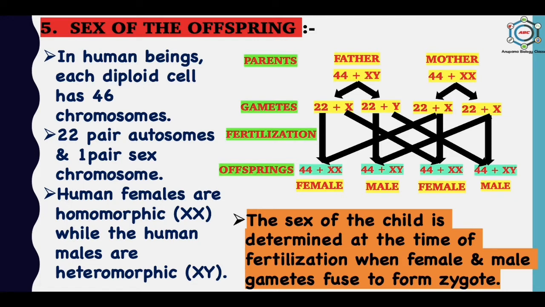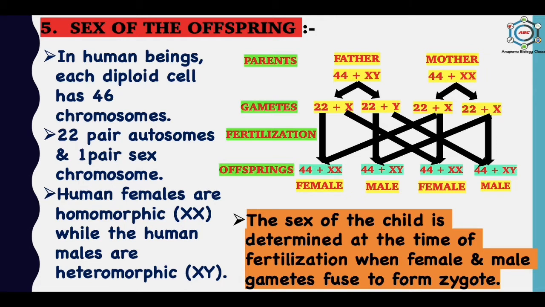In the father, there are 44 autosomes and 1 sex chromosome pair, that is X and Y. While in the mother, there are 44 autosomes and 2 sex chromosomes, that is X and X. So, at the time of gamete formation, they show meiosis and form 22 plus X and 22 plus Y in the case of the father, and 22 plus X and 22 plus X in the case of the mother.